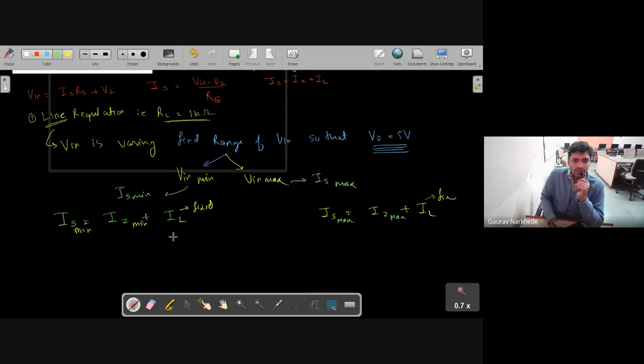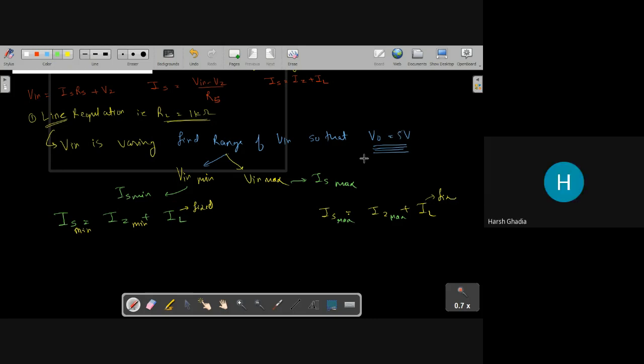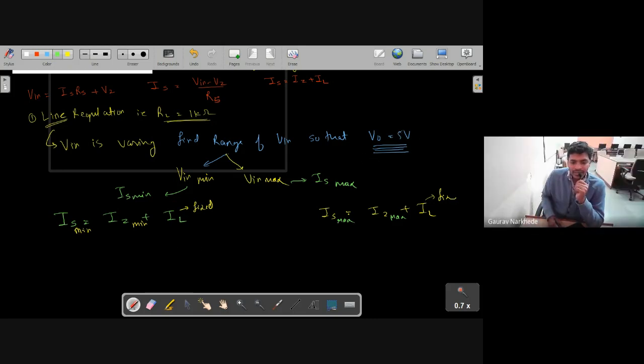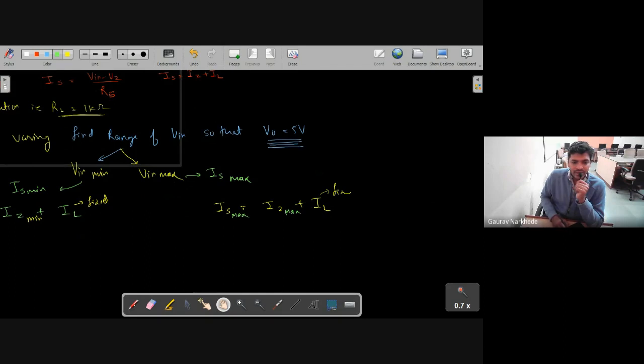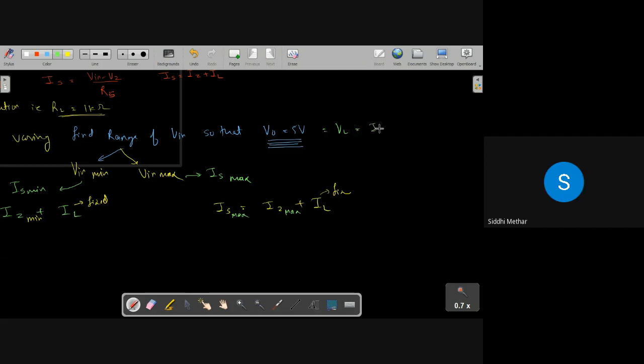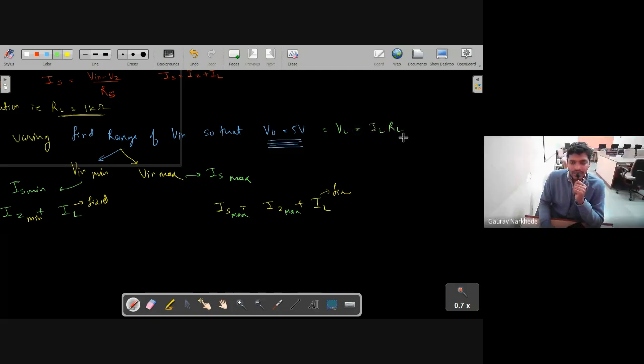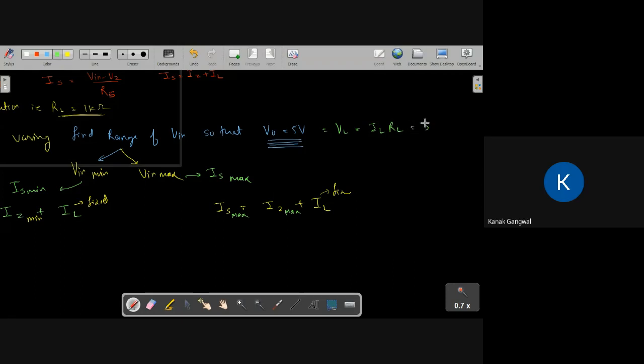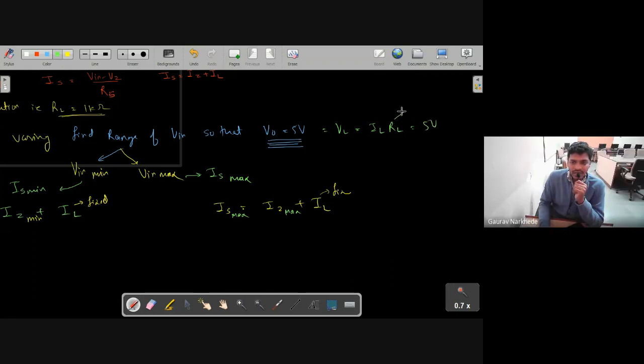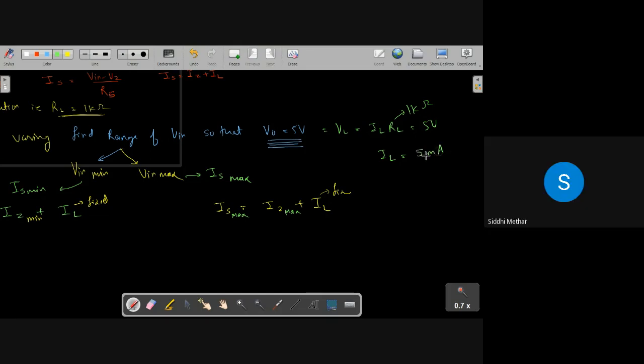What is the output voltage required? 5 volts. So that is equal to VL, which is IL into RL. This is 5 volts, and RL is 1 kilo ohm. So IL is equal to 5 divided by 1 kilo, which is 5 milliamperes, correct?